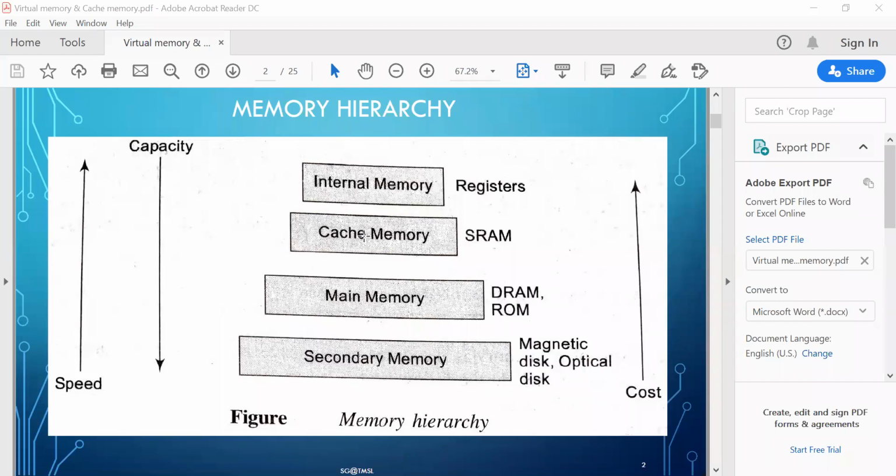It is used when there is a speed mismatch, because RAM and ROM are slow responding devices compared to the CPU.